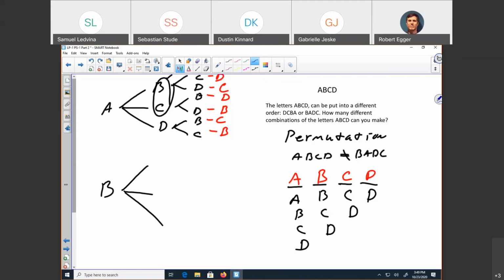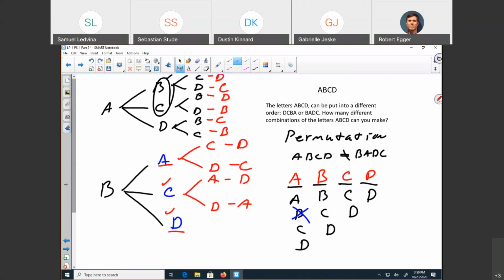If I get rid of the B, it's got to be either an A, a C, or a D. Then it has to be either C or D left, and of course D and C. If I go the BC route, it has to be A or D, and of course that'd be D and that'd be A then.